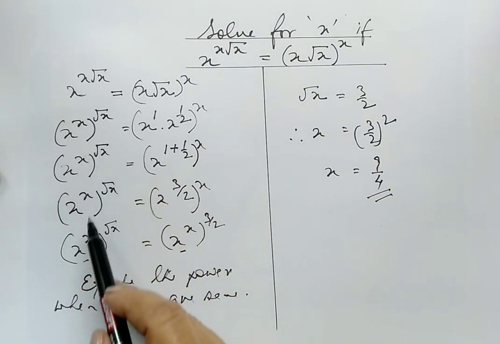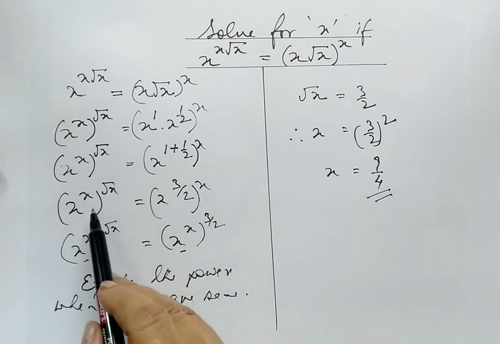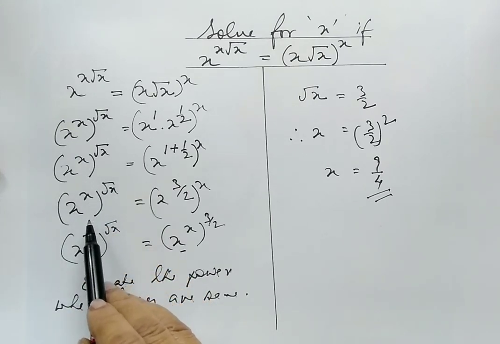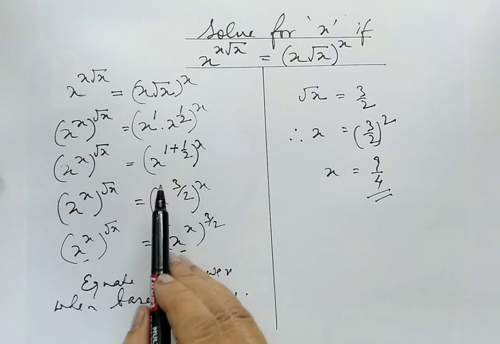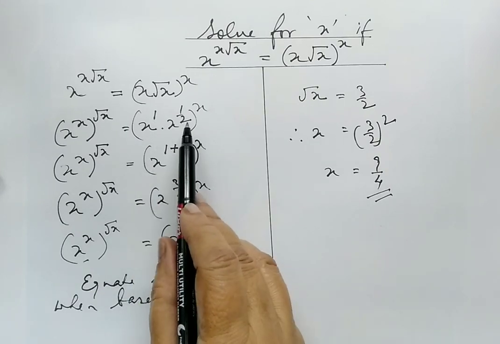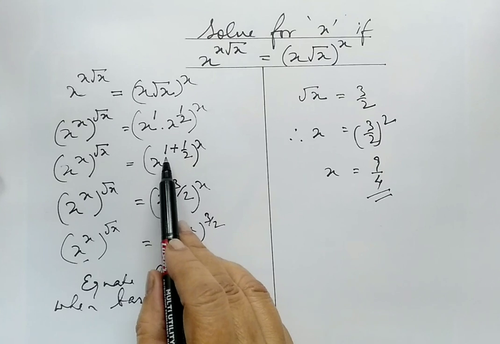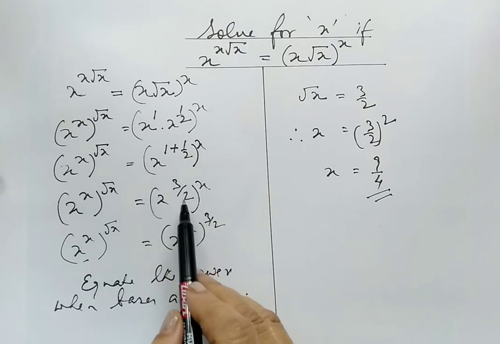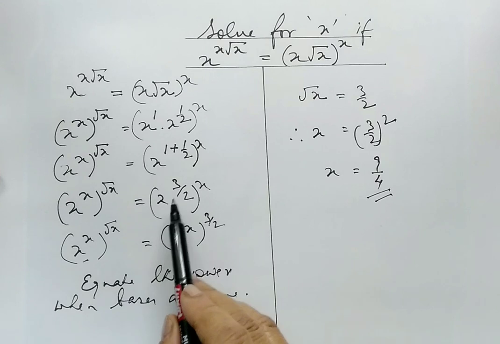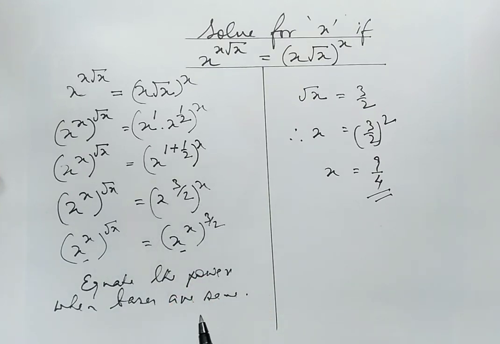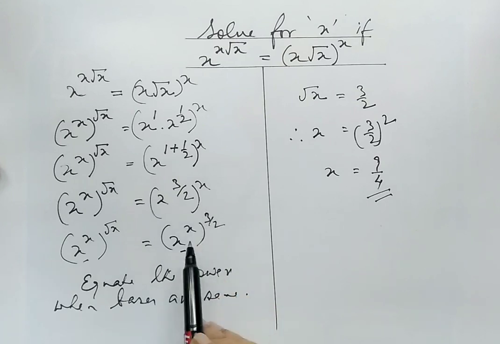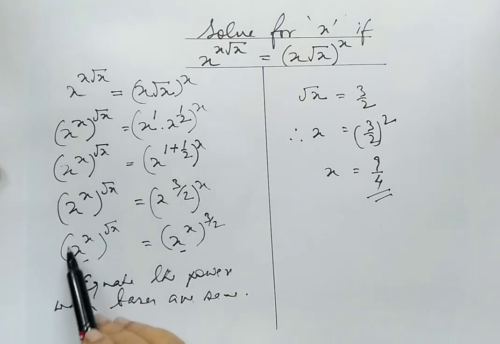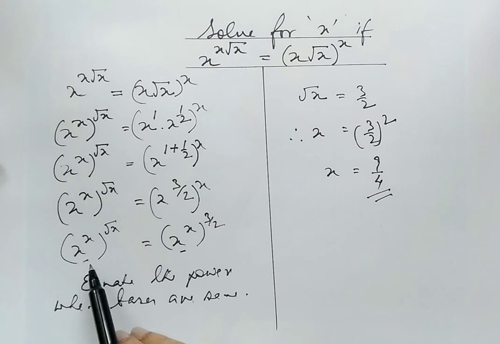Alright, this follows in the same way as the several steps before, but here is the modification that we need to do. So here we add up the powers because we have the bases same. So 1 plus 1 by 2 gives us 3 by 2. x to the power 3 by 2 and x outside. Now this is not solving anything for us, which is why we brought x inside so that this may start looking the same as this.